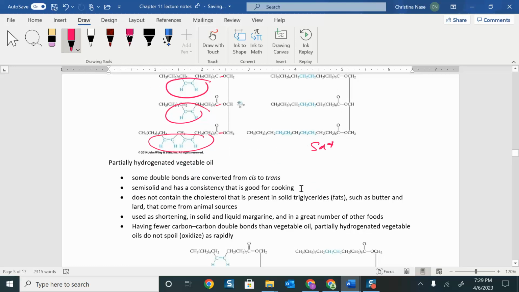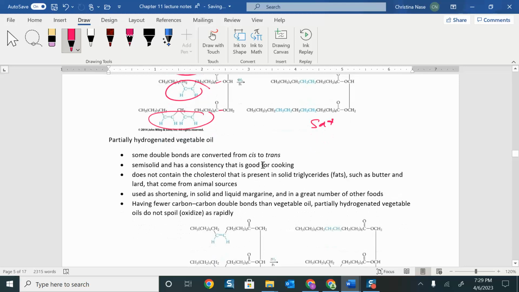You can also have partially hydrogenated, where not every single one of your double bonds gets converted into a single bond. You can have partially hydrogenated vegetable oils, maybe you've heard of that. During this process, some of the double bonds are converted from cis to trans, and not all of them. Some are turned from double bond to single bond, and you can also turn some of these cis to trans. Now you have trans fatty acids.